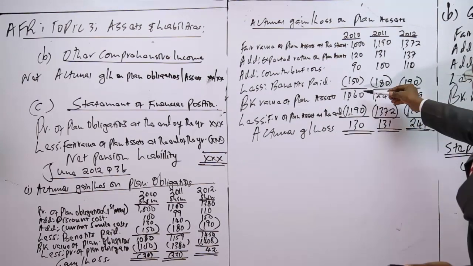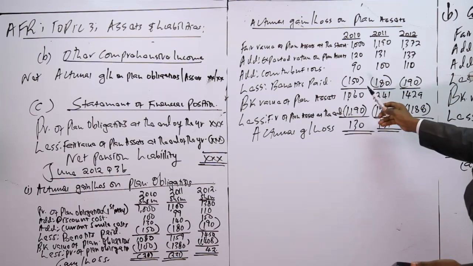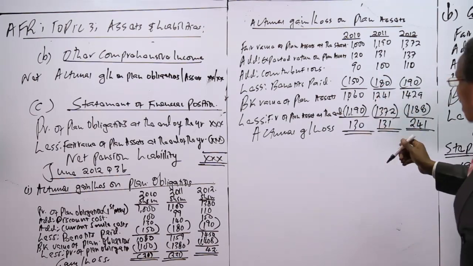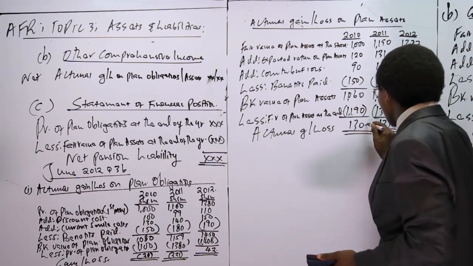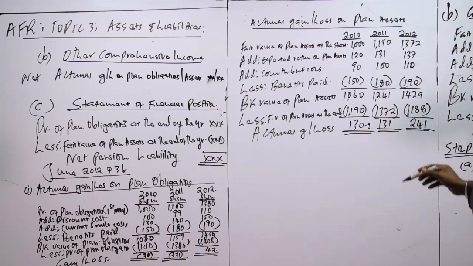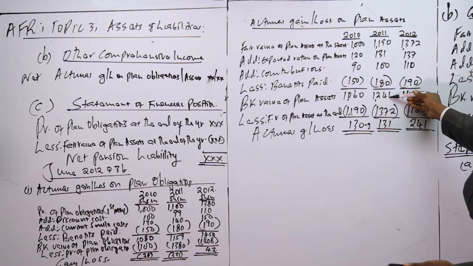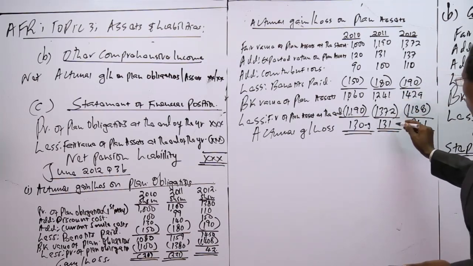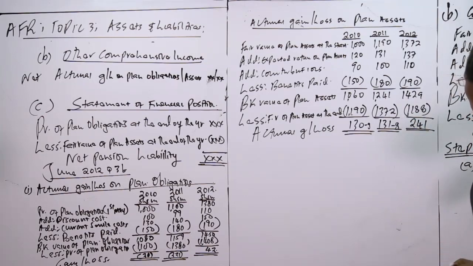The book value is 1060, but the fair value is 1190. So it means the fair value has increased, and this is a gain. While this was 1241, but it has increased to 1372. So this is also a gain. This was 1429, but the fair value has gone back to 1188. So this is a loss.